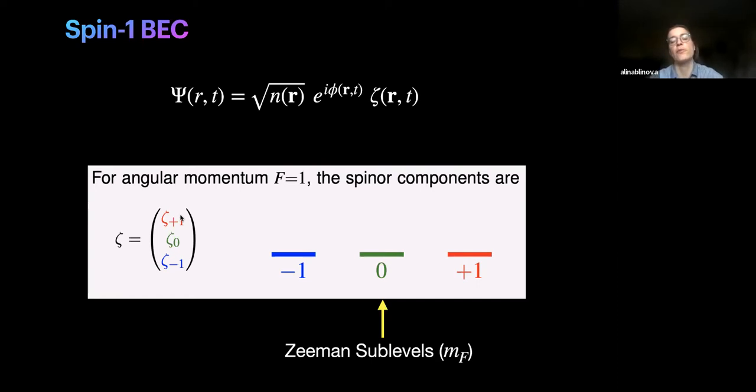The spin textures that we observe are always divided among the -1, 0, and +1 Zeeman sublevels.